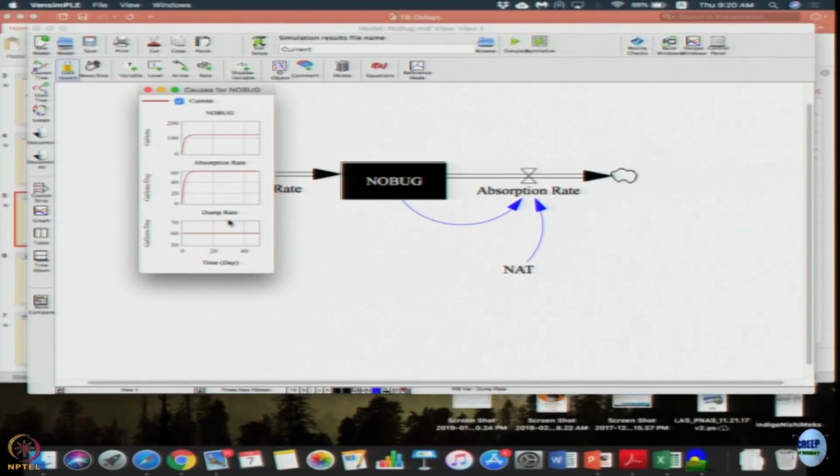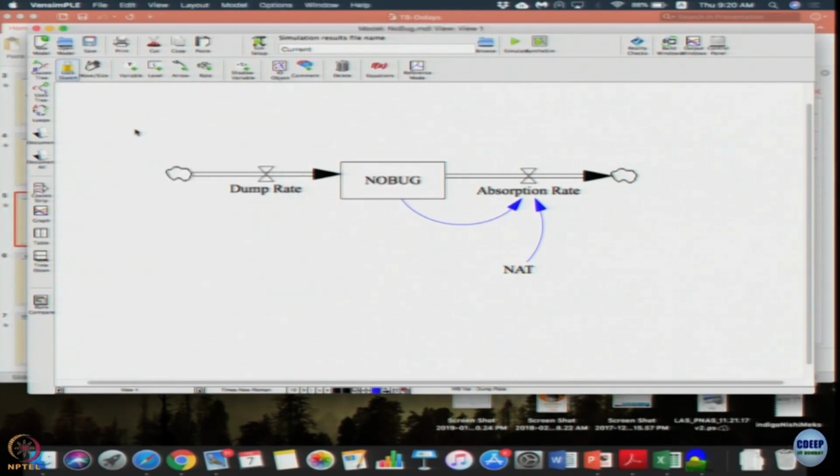This is a policy question a simple model can be used to explain. If people want to dump once a week or every day, though the quantity is the same, we can find analytically that there is a difference in behavior, and it is not a very complicated model to explain that.